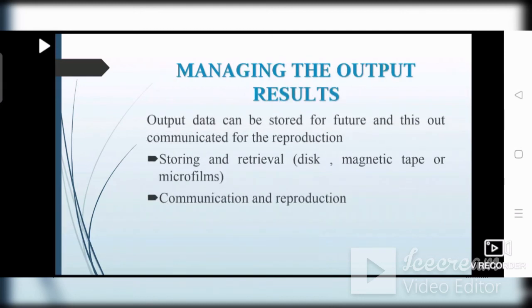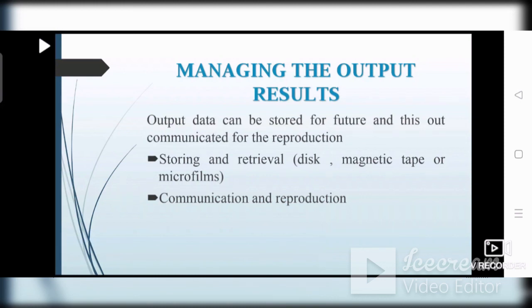The last one is managing the output result. It means the output is stored for other people. The other person studies the analysis and concludes what type of conclusions can be formed or extracted from the manipulation of data. You can store or communicate the result and predict models, observations, and future outcomes of your organization or your business.